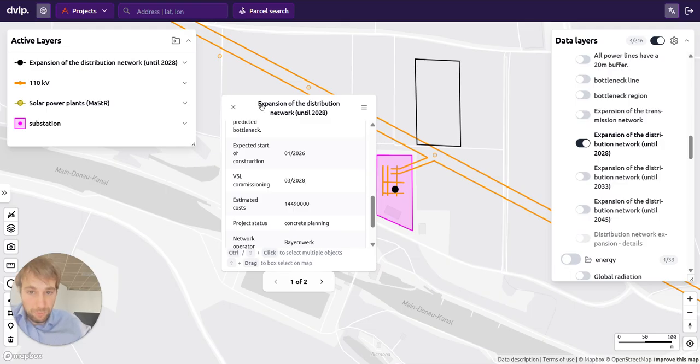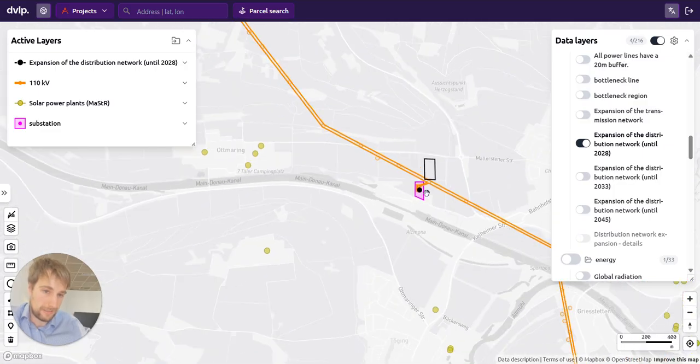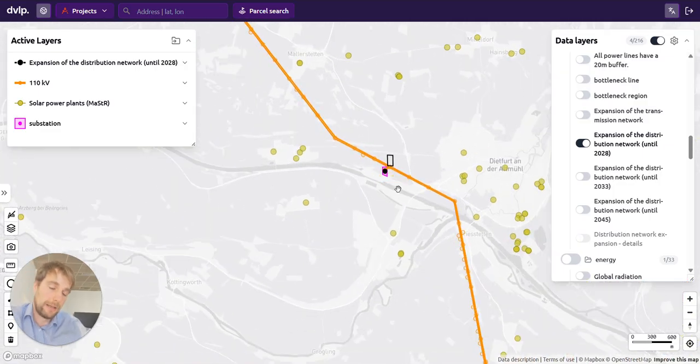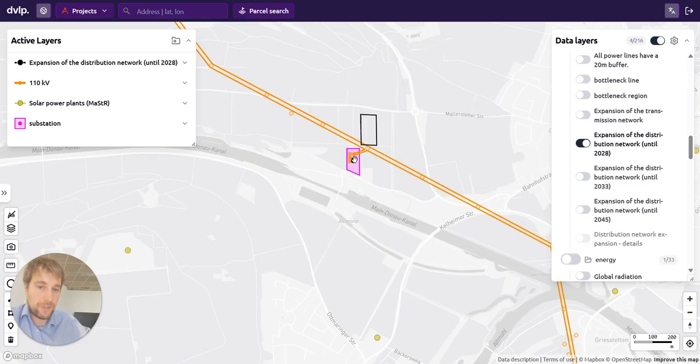So very important to understand here, of course, because that might give us a potential future connection date, which is, in this case, I would argue, not too far away, given we might also need a bit of time to actually develop the project further. So that might be actually a nice outlook. Yeah?